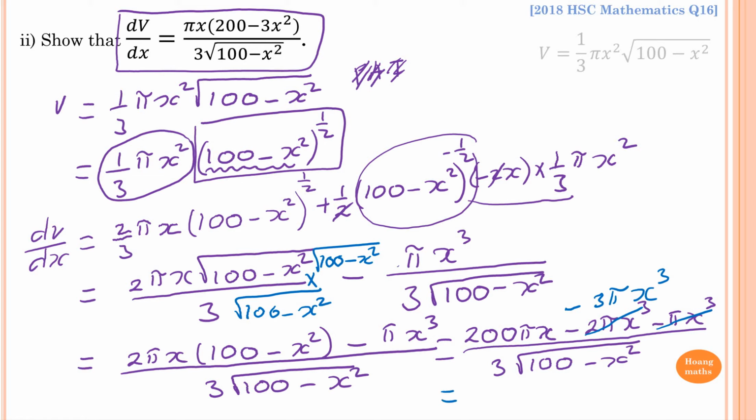Sorry, I ran out of space, so I just do it all together. So pi x, I can take the common factor out, so I take pi x out, leaving 200 minus, and then x to the power 3 divided by x gives me x squared. This is 3x squared, all over 3 times the square root of 100 minus x squared. So now this is it.